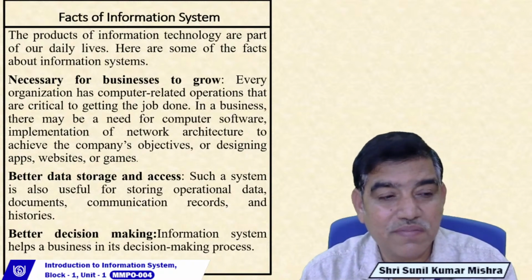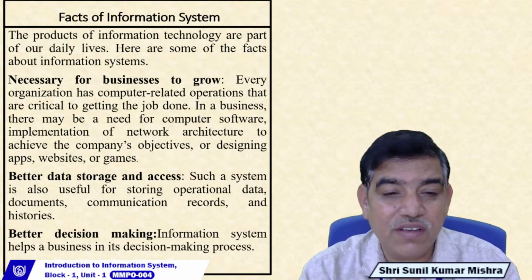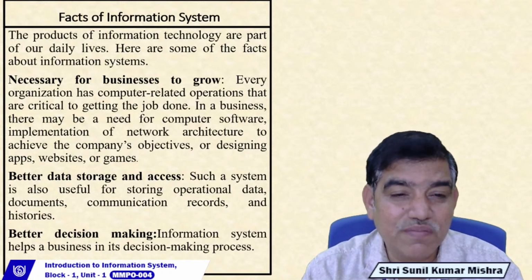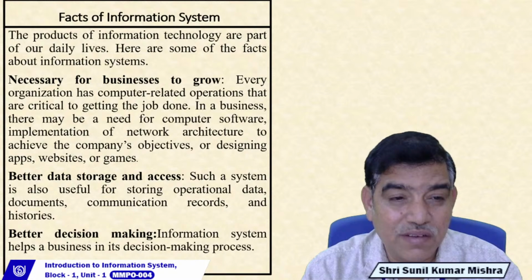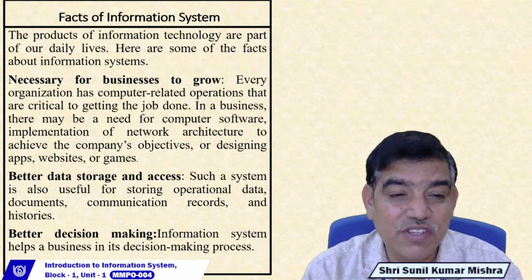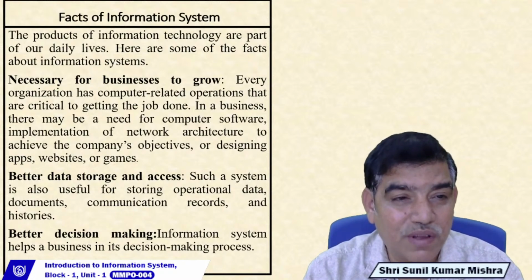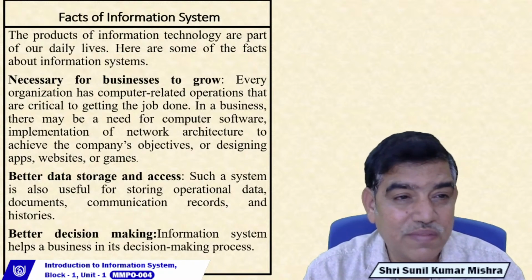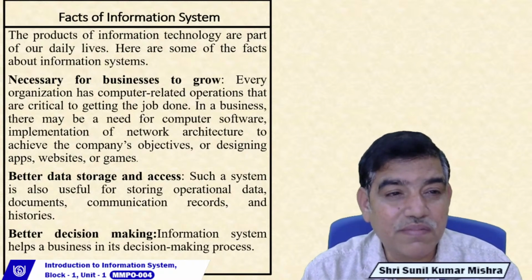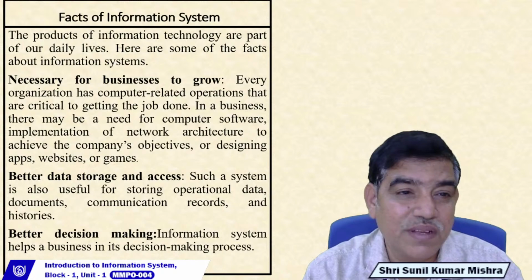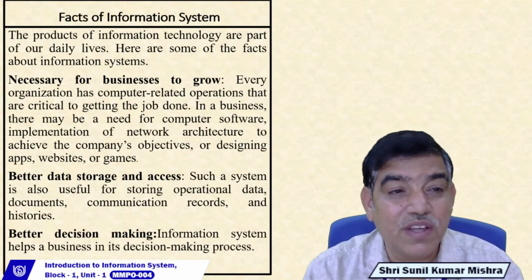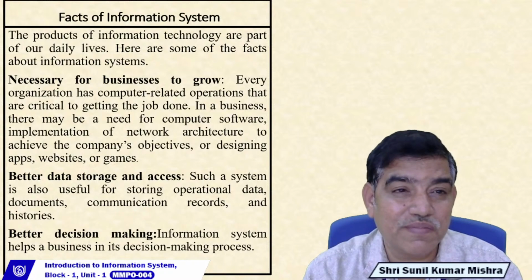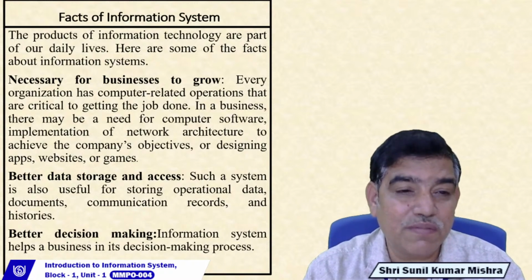Again, I will summarize. Today we learned what is actually information system, what is actually information, what is actually system, how they are integrated for a common goal of the organization, then types of information, external information, then internal information, types of information system, the components of information system, and the facts of information system.